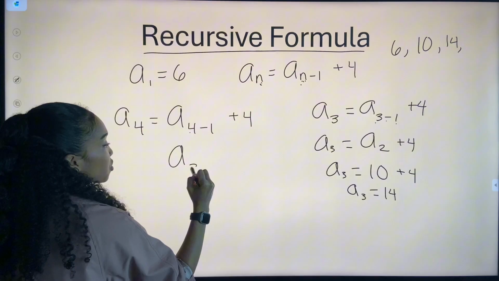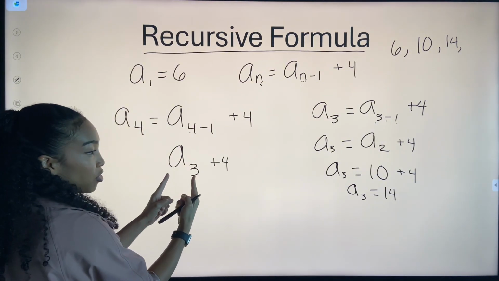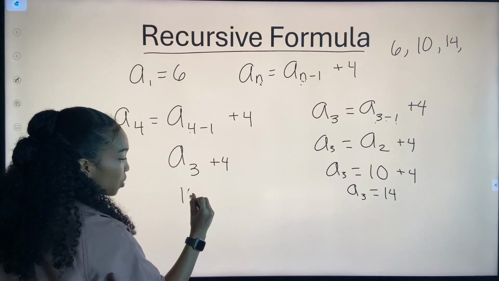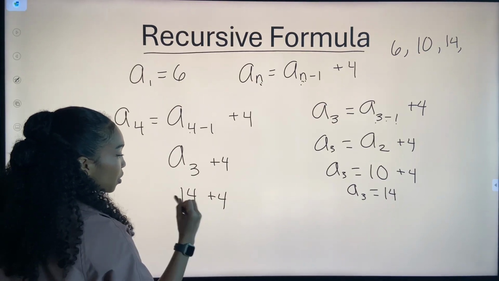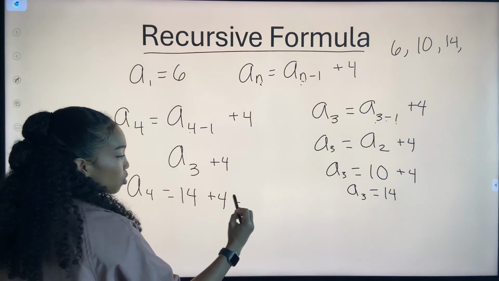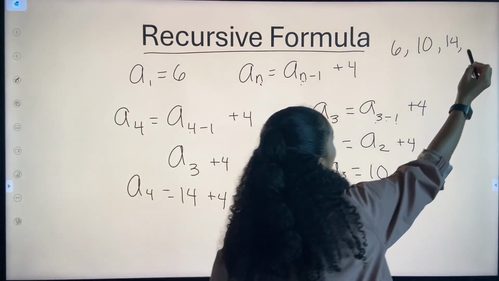Four minus 1 is 3. And A3, we just found that. That's 14. So A3 is just 14. And then bring down the plus 4. So that means A4 is equal to 14 plus 4, which is 18. So that's your fourth term.